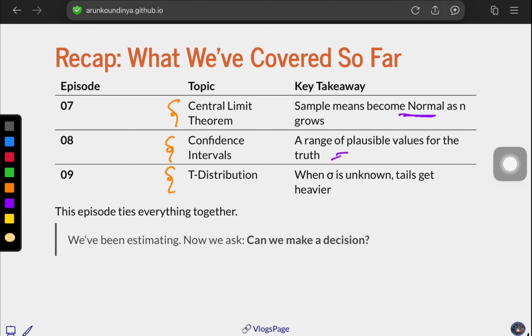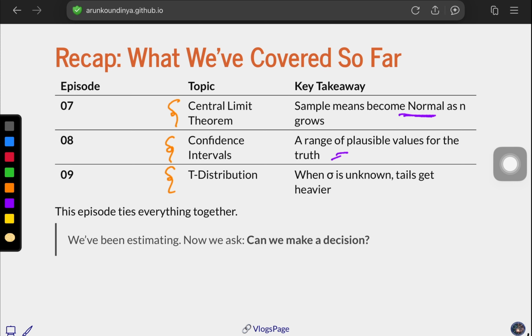Beautiful, right? On one side we have comfort that be it any population, we could use normal distribution. And on the other side, if you have a very small sample size, still you could use a t distribution. These are very important approximations that laid the fundamentals of machine learning as well as inferential statistics.